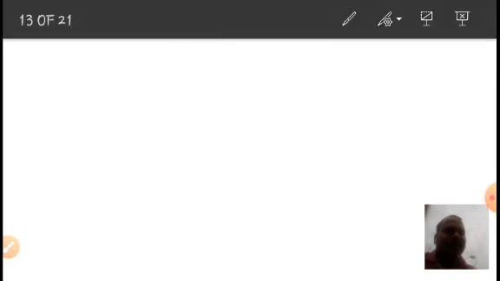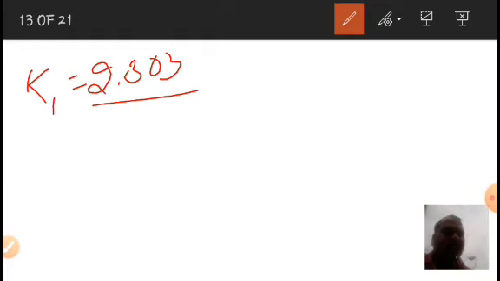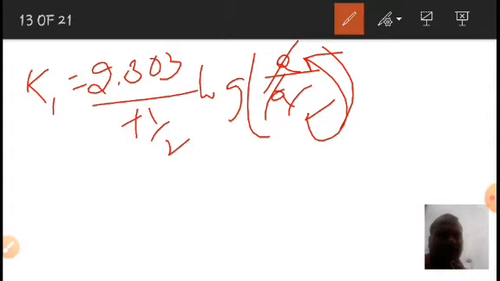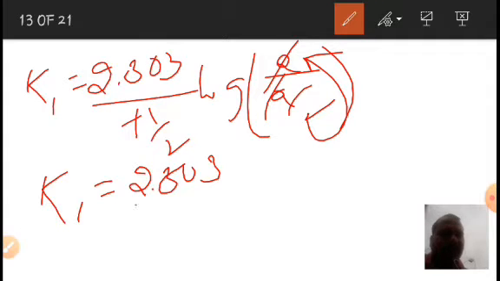By simplifying, k1 is equal to 2.303 by t half log A by A by 2. So this A cancels out and we get k1 is equal to 2.303 by t half log 2.